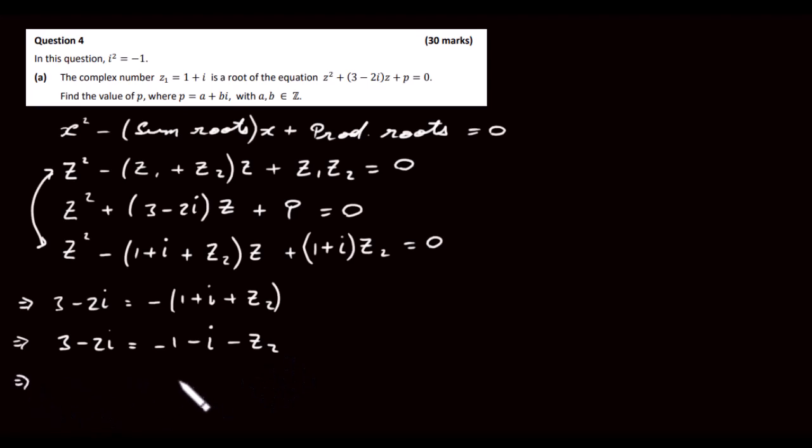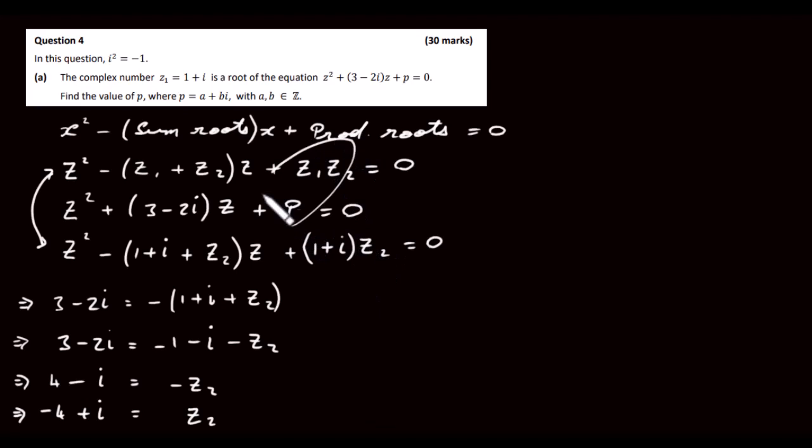And that will give me minus z2 is equal to 4 minus i, if we bring these two over to the other side. So that'll give me my z2, the second root of this complex quadratic, is minus 4 plus i.